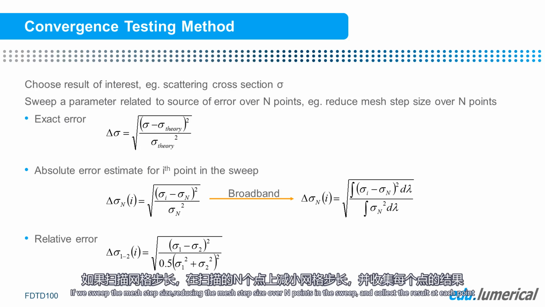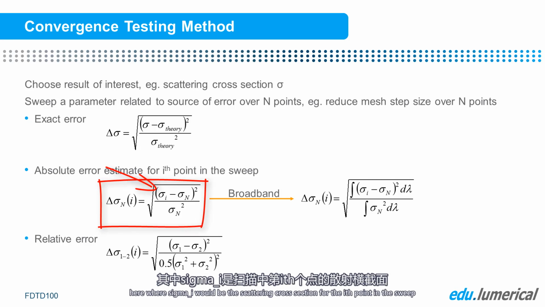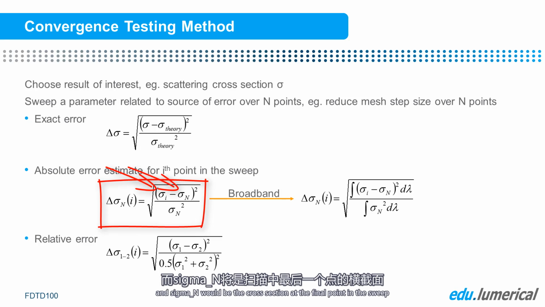If we sweep the mesh step size, reducing the mesh step size over n points in the sweep, and collect the result at each point, we can estimate the absolute error in the result for the ith point in the sweep using the equation here, where sigma_i would be the scattering cross-section for the ith point in the sweep, and sigma_n would be the cross-section at the final point in the sweep.